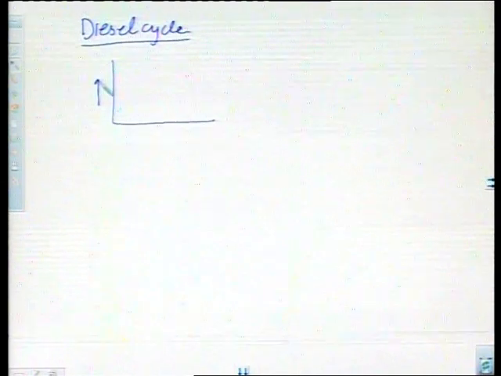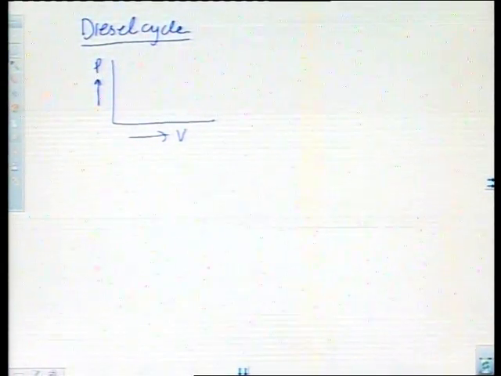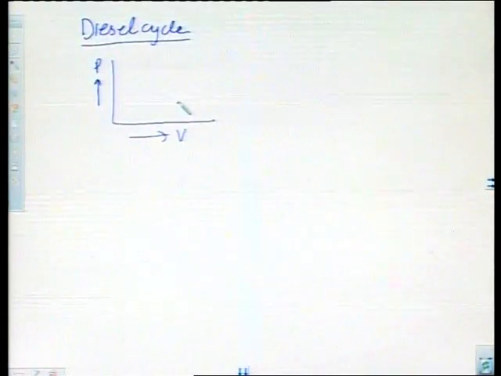Now, if we plot it on the graph, that is pressure volume graph, first point in which the air enters into the cylinder, then compression takes place.